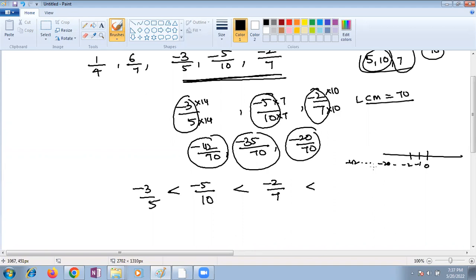We are not supposed to, because these are unlike fractions. That's why we did this procedure to make them like fractions. Like means we can compare easily by looking at the numerators. Javali, these are unlike, that's why we are making them like. Then we are comparing.